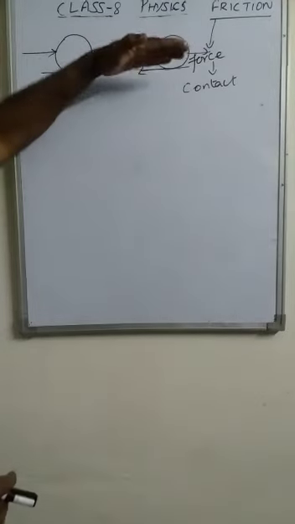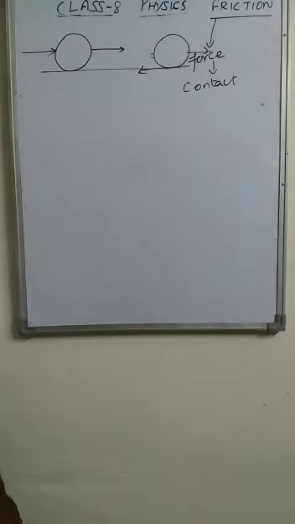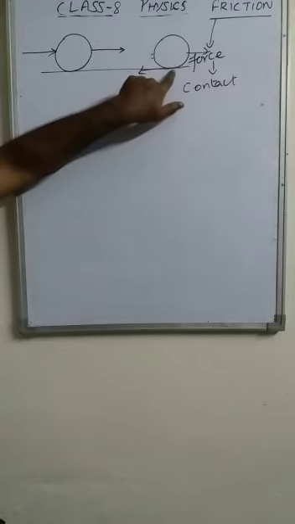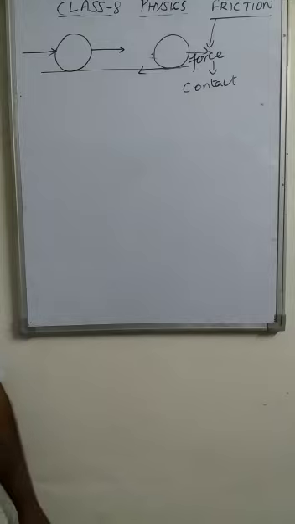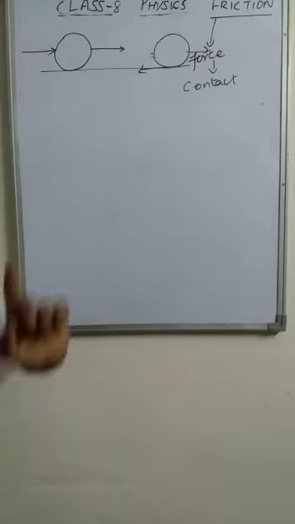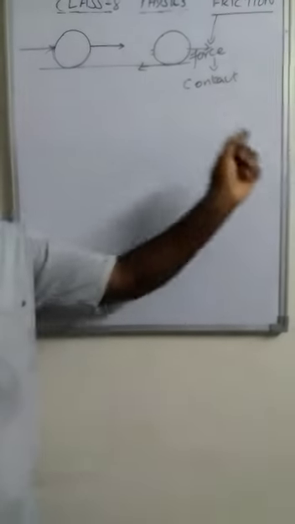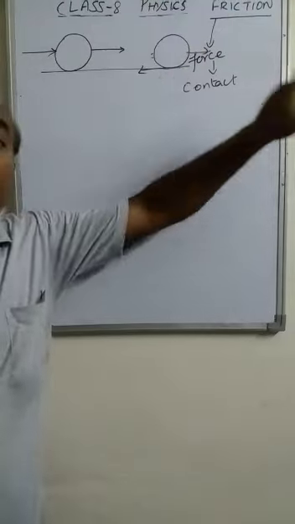Relative motion means with respect to the ground, the ball is moving. And this force from the ground opposes that relative motion. So here we can say friction opposes the motion of the ball. Friction from the ground opposes the motion of the ball.